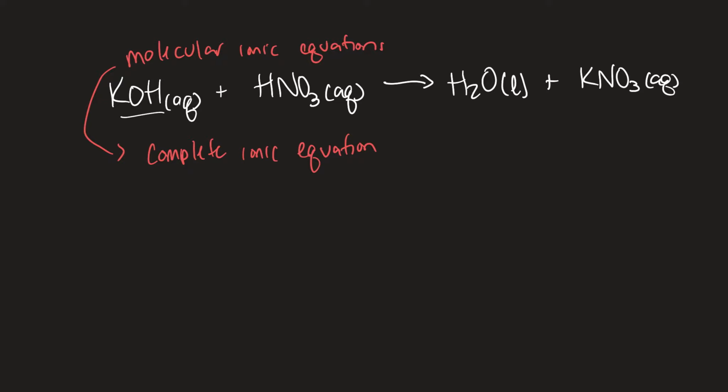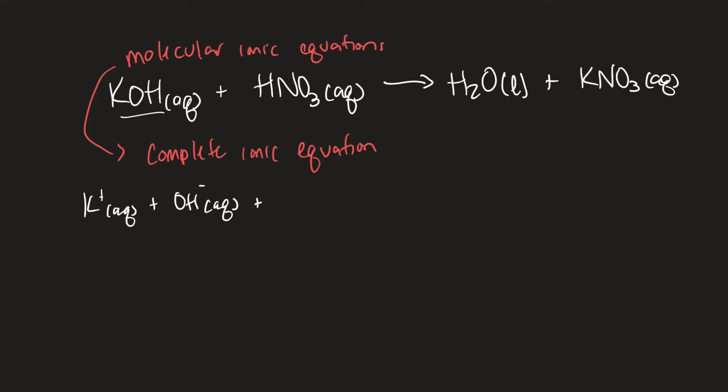Anything that's in aqueous state, like this, or this, we're going to separate out into its respective ions. So what I'm going to write is K+ aqueous plus OH- aqueous. It's important that you state the charge, because they're in their ion state, so they have their charges. Make sure you include that.